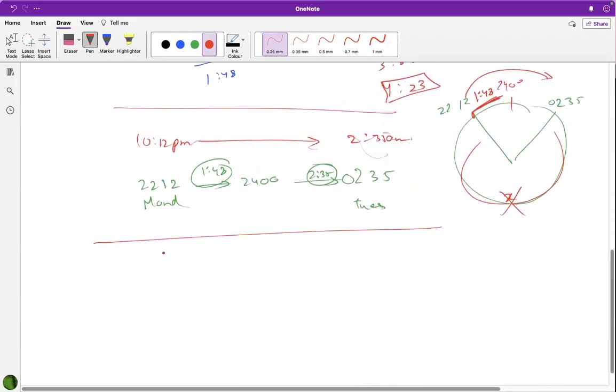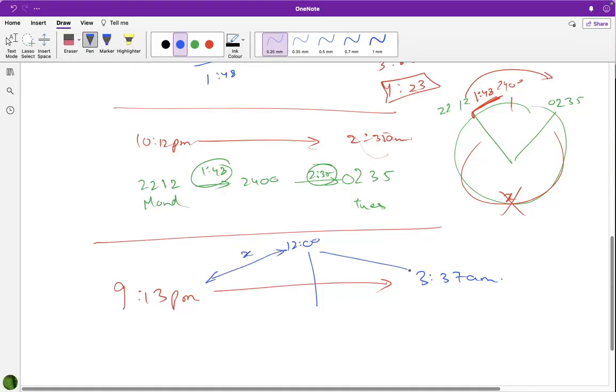Suppose today is Sunday and we say that we will leave at 9:13 p.m. for the next city, and the chart says that you will reach at 3:37 a.m. the next day. So you know you crossed this 12. So how long did it take? This is x and this is y. I'm finding x. 12 minus 9:13. I'm taking that carry.